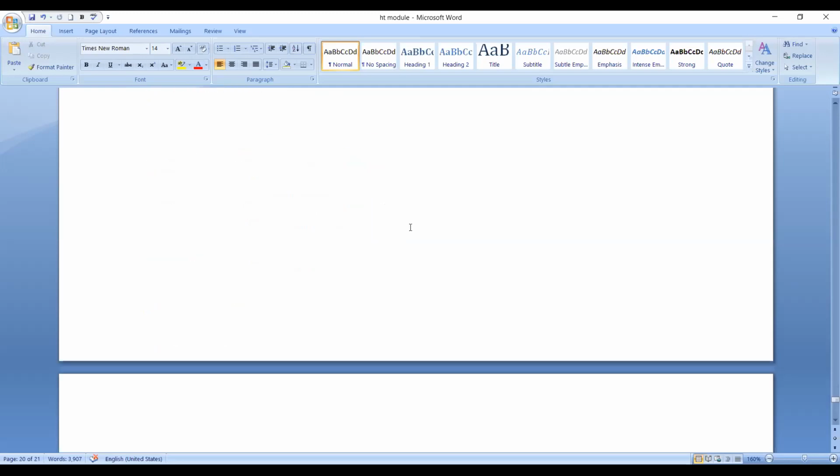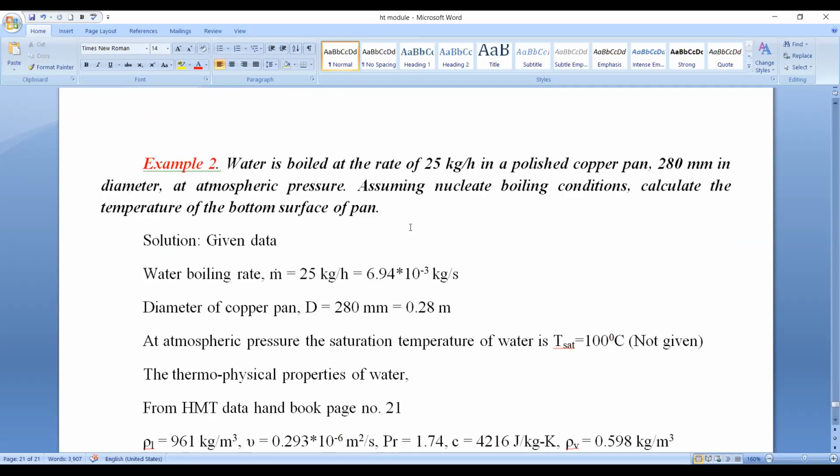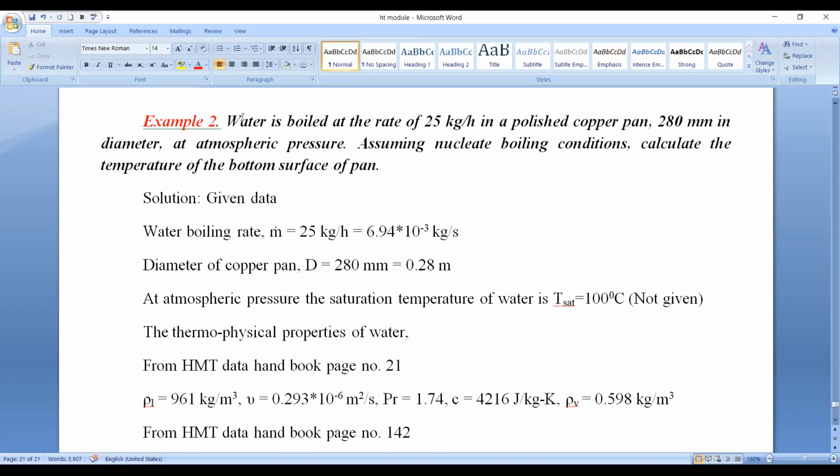Okay, fine. Now let's go to the next problem. I will not solve this problem in detail, but this is like homework for you. So let's refer to example number 2 here. Water is boiled at a rate of 25 kg per hour.